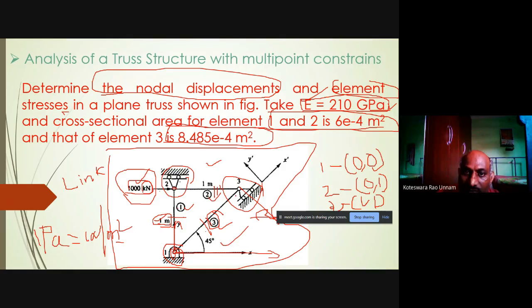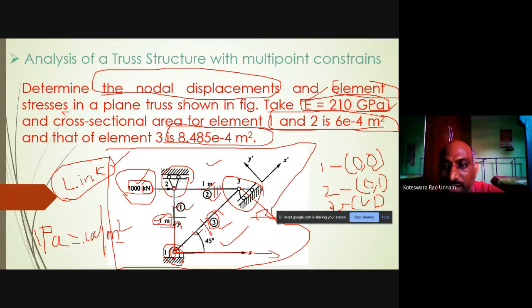Not only that, this link element is used for axial force members. Each member in this truss is capable of taking only axial loads, or simply they are called two force members. That means they can carry either tension or compression load only. They won't take any bending moment or twisting moment. Therefore we need to choose this element. This is the background description.